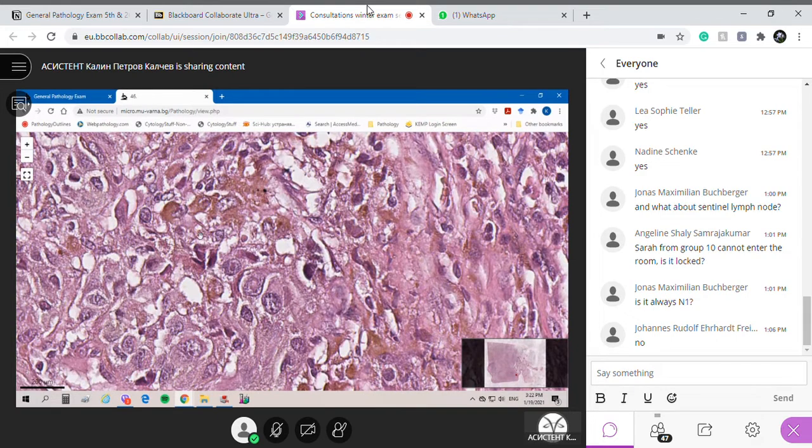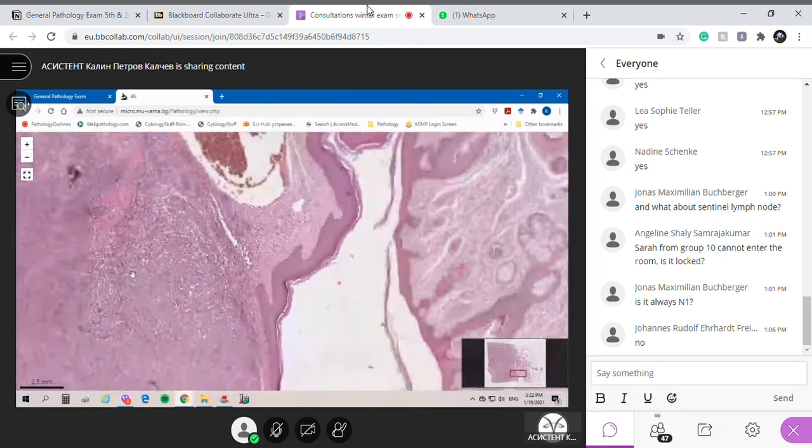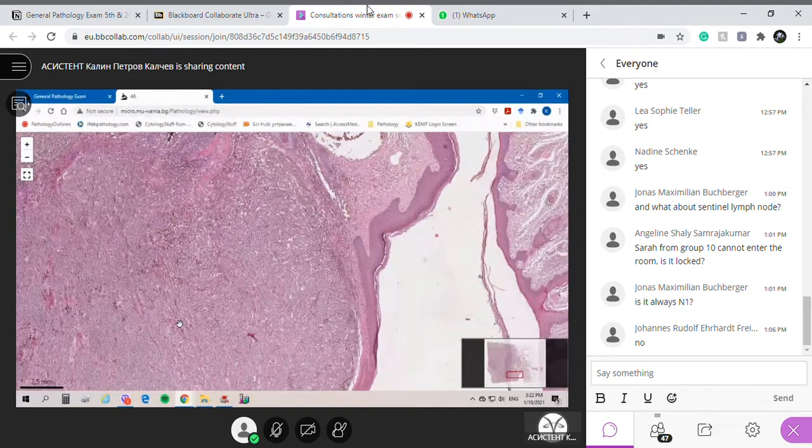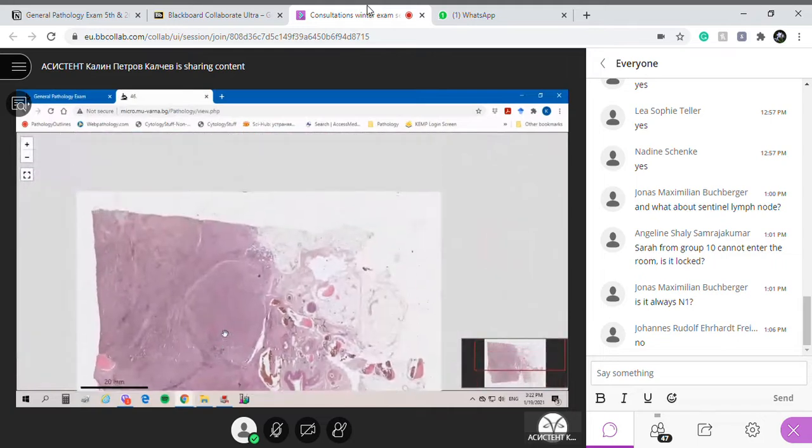It is more difficult to tell that this is a melanoma when the cells have lost their ability to produce melanin pigment. Then we have to use some other methods to prove that tumor. Then we use some special stainings, especially immunostainings. These tumors are positive for S100 protein. This is the antibody that we use to detect the melanocytes.